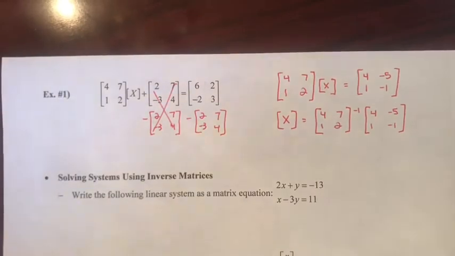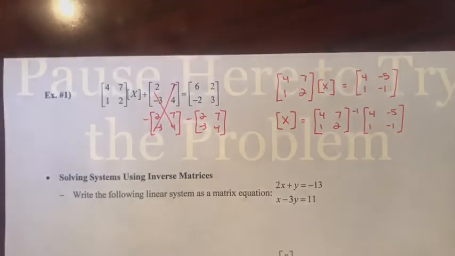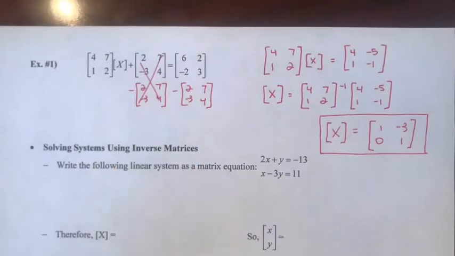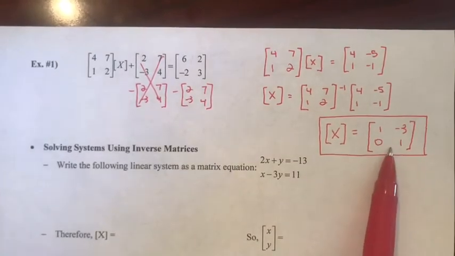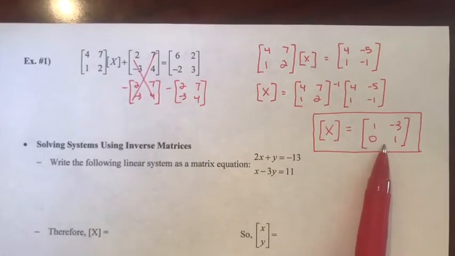Okay, go ahead and pause the video and you guys can plug that into your calculator. Okay, go ahead and check your solution here. So we end up with our variable matrix as this 2 by 2 right over here.